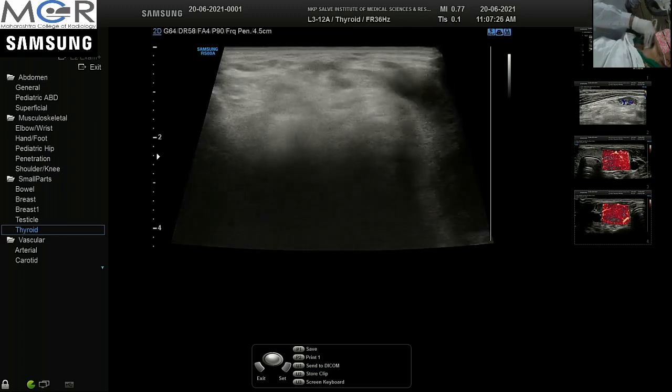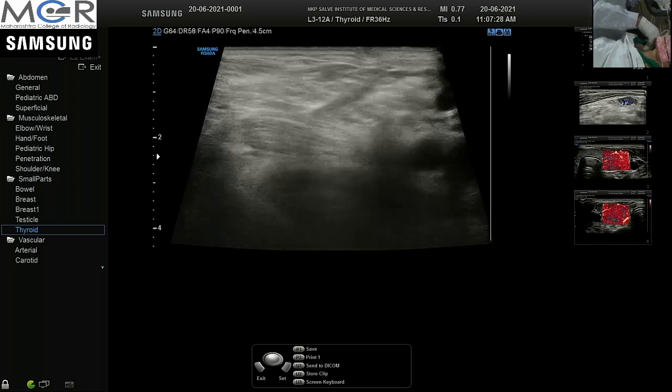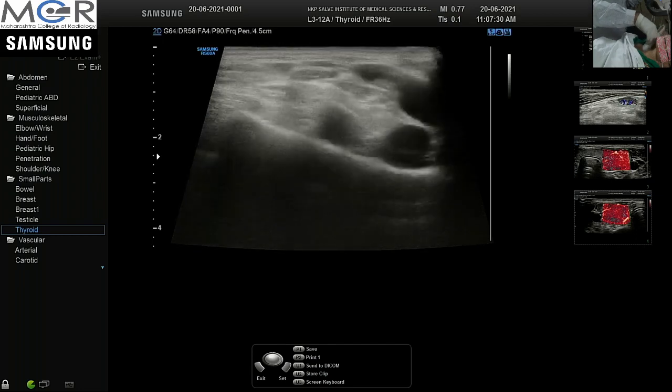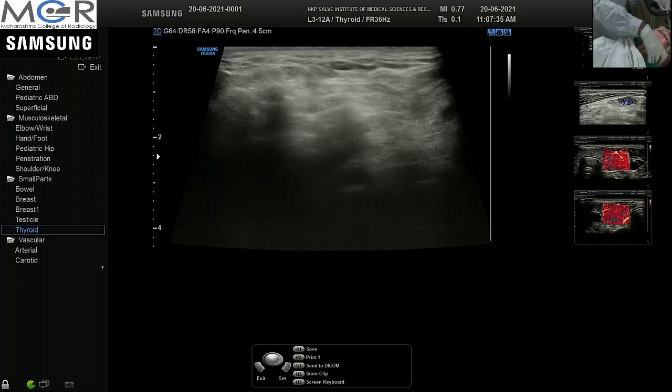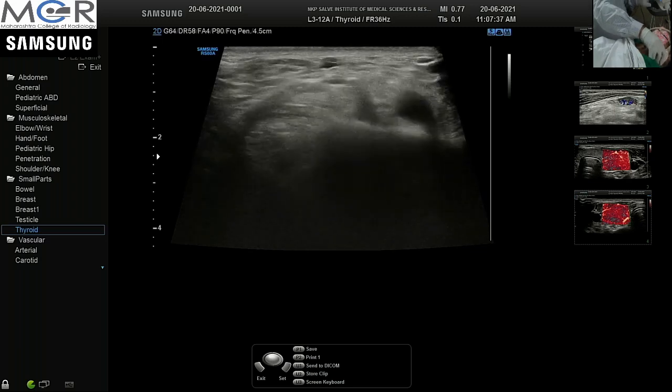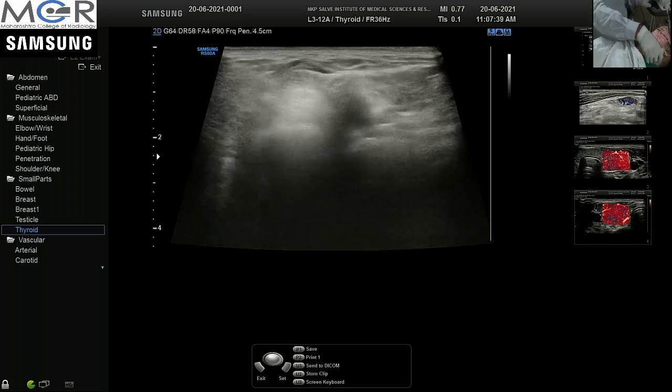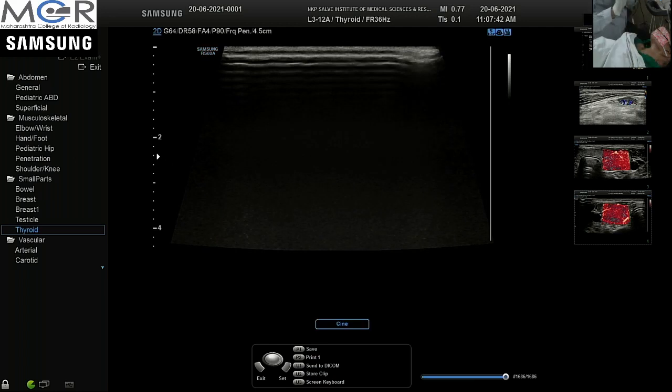Sometimes the nodes are seen in the supraclavicular region, a little bit laterally, especially tuberculous nodes. They are quite common to be there at any place in the neck. So if you see a suspicious node at any level, scan all levels in all areas of the neck to see the additional nodes information.